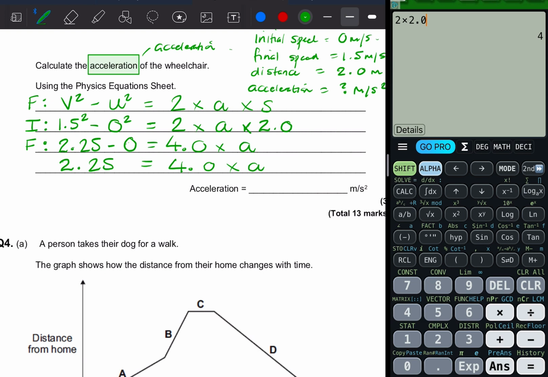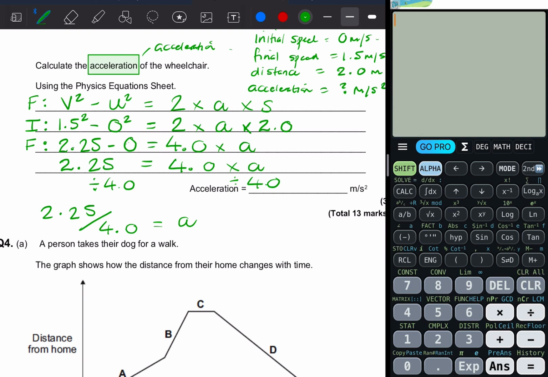We want to make a the subject. So we're going to do the inverse of what's happening to it. We're going to divide this side by 4.0 and we divide this side by 4.0, because whatever you do to one side of the equal sign, you've got to do it to the other. So we end up with 2.25 divided by 4.0 is equal to my acceleration.